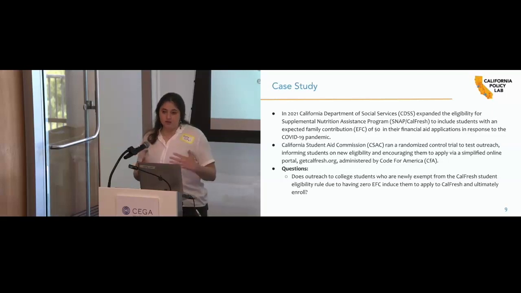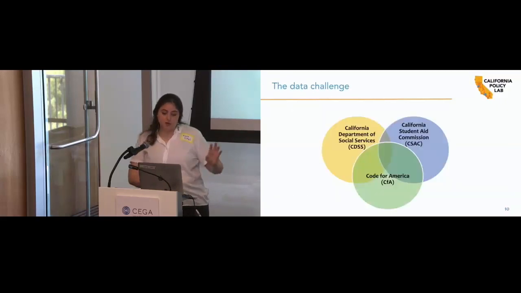The main question we were trying to answer here was, does outreach to college students who are newly exempt from the CalFresh student eligibility rule due to having a 0 EFC in their FAFSAs induce them to apply to CalFresh and ultimately get enrolled? We can think about this question as a three-party linkage.